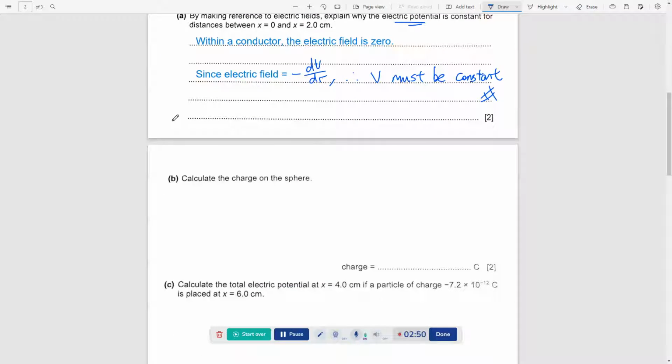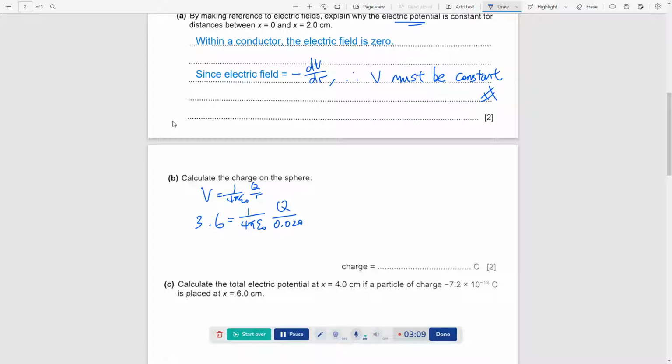So now we'll calculate. Using V equals 1 over 4 pi epsilon naught Q over R, we want to find Q. 3.6 equals 1 over 4 pi epsilon naught Q over 0.02, because it's going to be 2 cm.